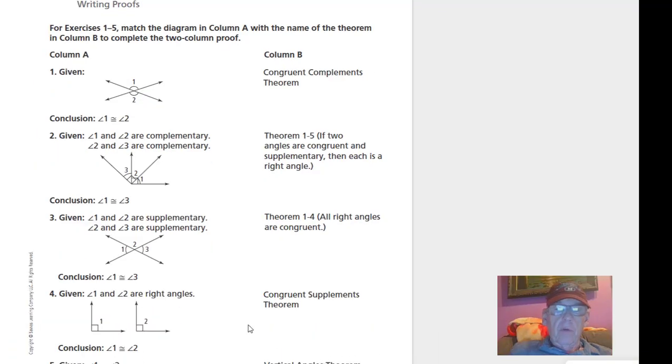The vertical angles theorem is here, and we want to match these up. So vertical angles theorem, there's our vertical angles theorem, and that goes with number 1.